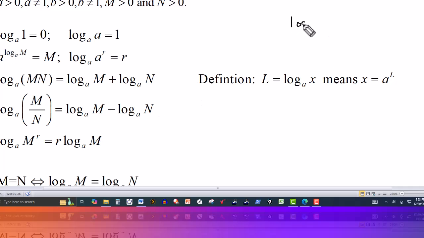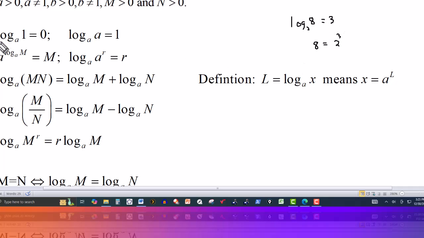Let's say the log of 8 to base 2 is equal to what logarithm? So we're simply asking, 8 is equal to 2 taken to what power? Well, 2 to the third gives me 8. So the log of 8 to base 2 is equal to 3.